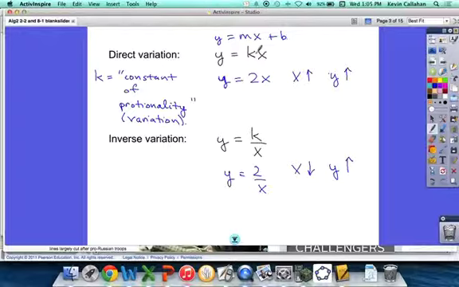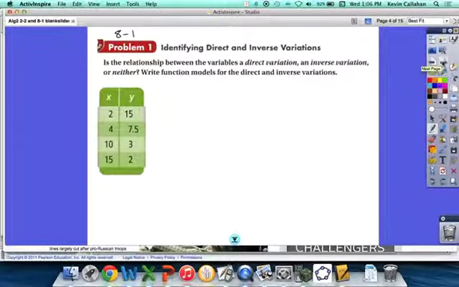This one, y equals k divided by x, or y equals 2 over x, we actually did at the beginning of Chapter 8. If you remember, we started out in Section 8.2, which were the graphs of inverse variations. So now we are dealing with the inverse variation, the function itself, not the graph. So those should be familiar to us.